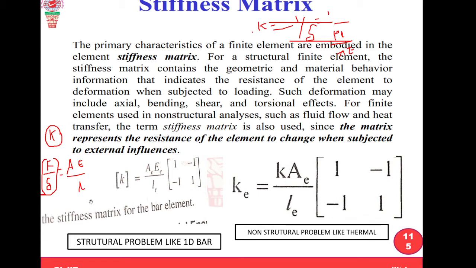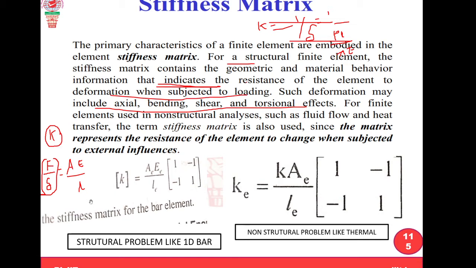So this stiffness matrix indicates the primary characteristic of the finite element. There are two main types of problem: one is structural and one is non-structural. For structural problems, when subjected to structural loads like axial, bending, shear and torsion, the stiffness indicates the resistance of the element to deformation when subjected to a loading.